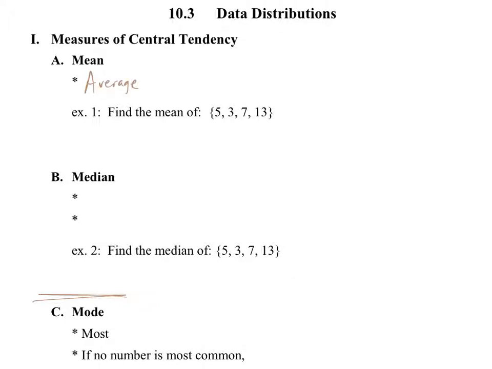So when you're finding the mean, you're just finding the average. And really for that, we just add all the numbers together. We call that the average: the sum of the numbers divided by the number of numbers. So for this one down here, if I want to find the average, I would do 5 plus 3 plus 7 plus 13.